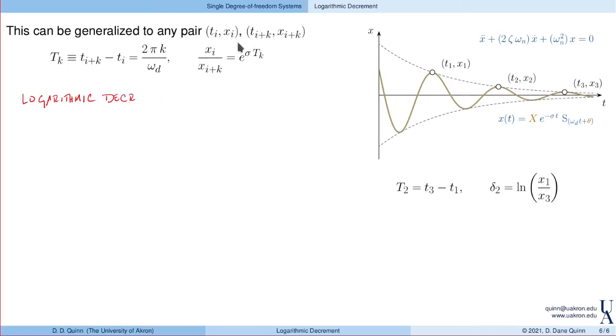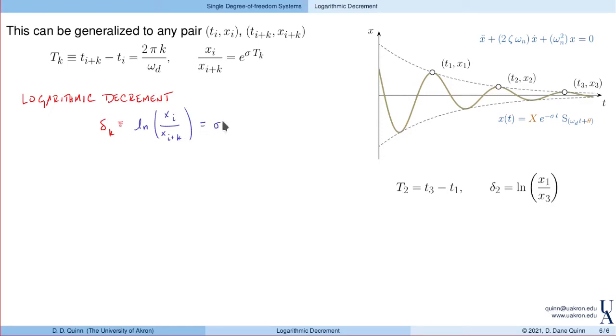as the natural log of this relationship. And of course, we'll put a subscript k. So it's defined as the natural log of x_i and x_(i+k), so k peaks after that.